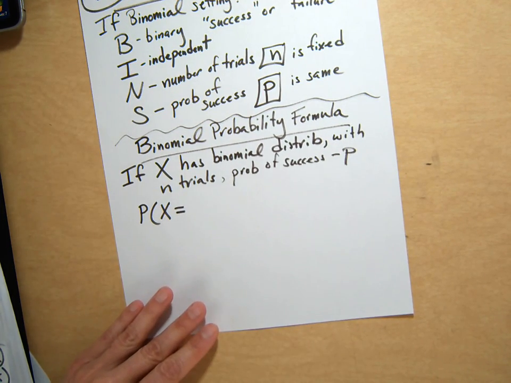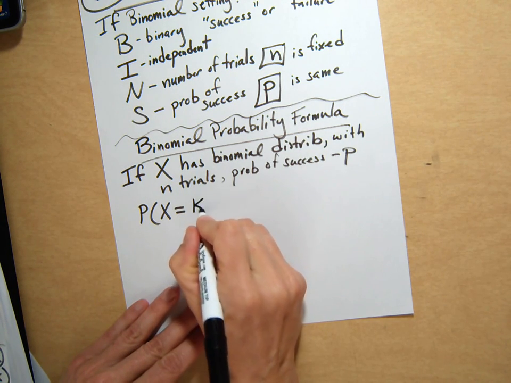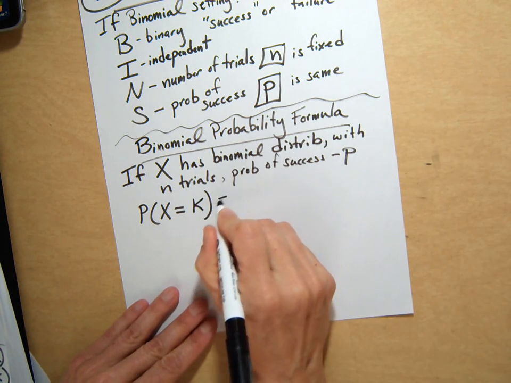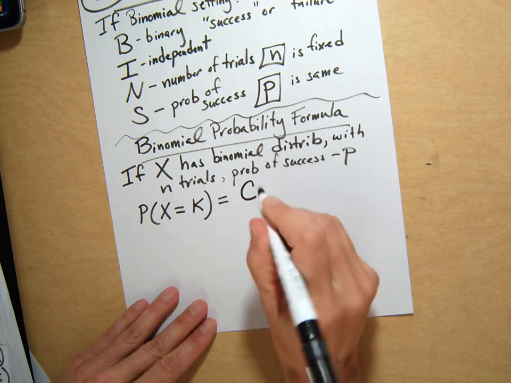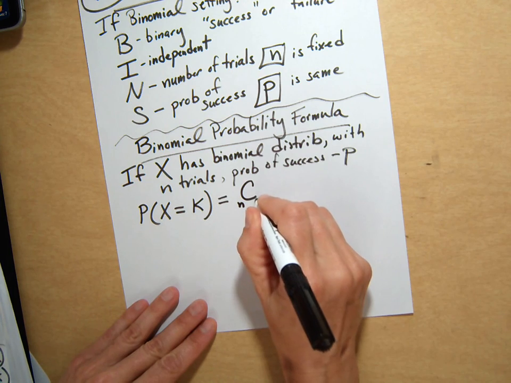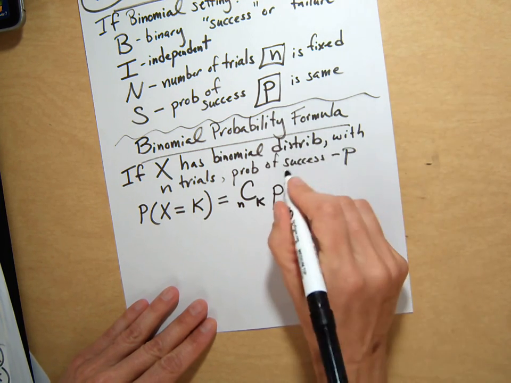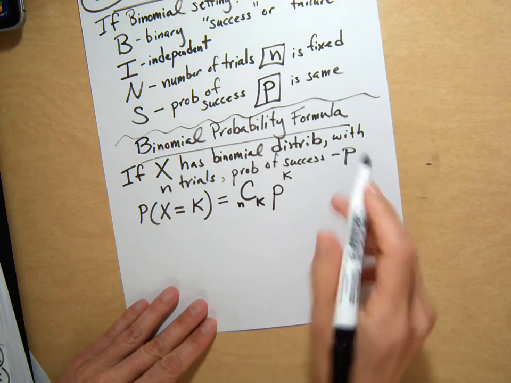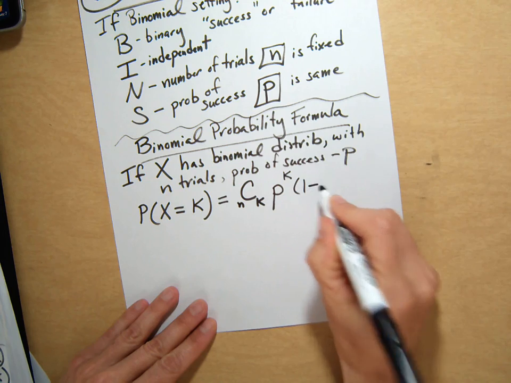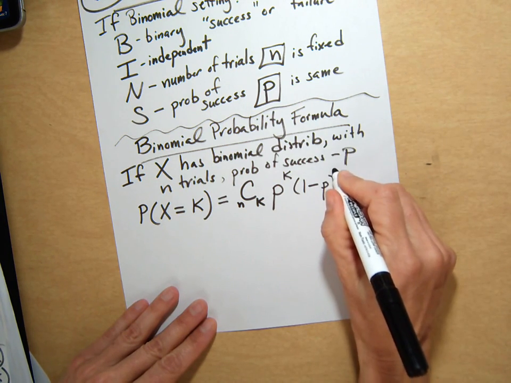Let's say you shoot the basket 10 times and you want to know the probability that you make 3 of them. So the probability X equals a constant, like 3, is equal to, and then you would use combinations, n choose k, times the probability of success raised to the k power, because you want to have success k times, times the complement, 1 minus the probability, raised to the n minus k power.